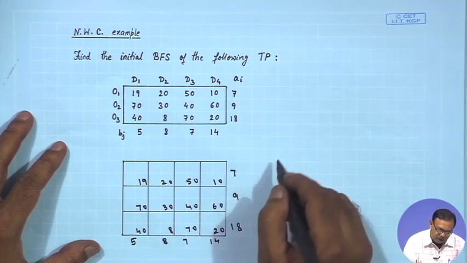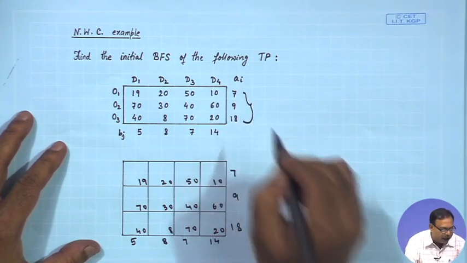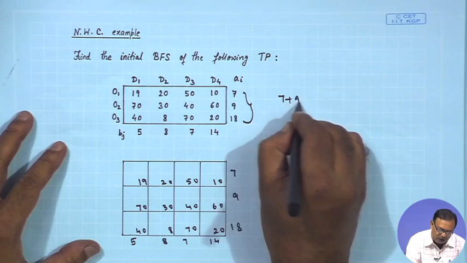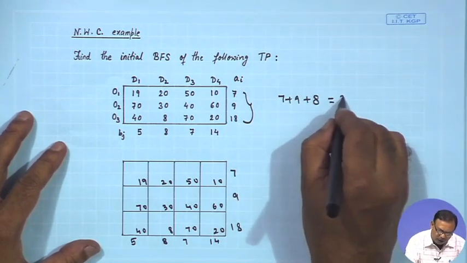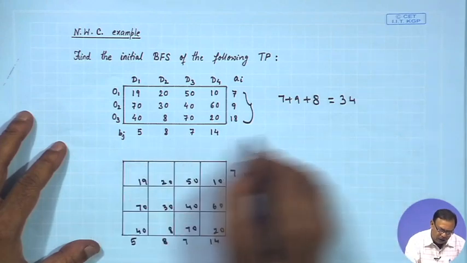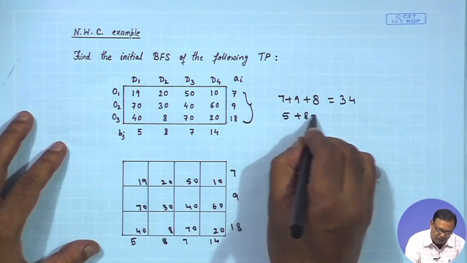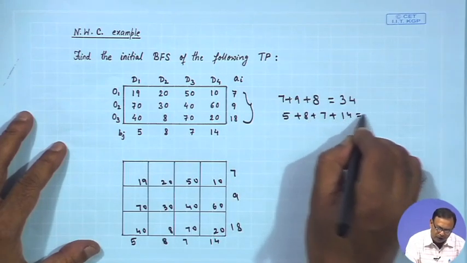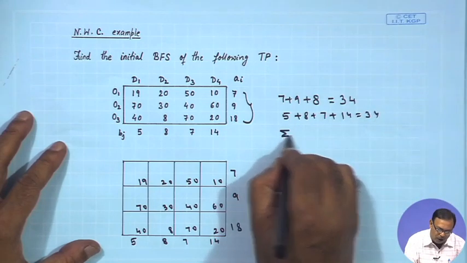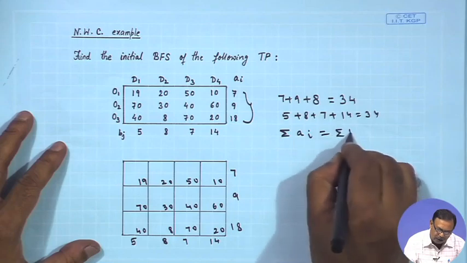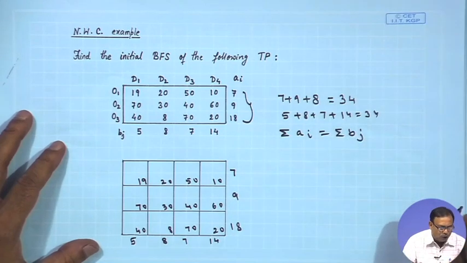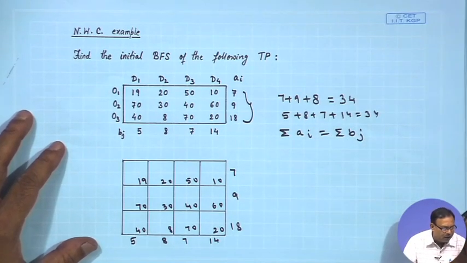If you see 7 plus 9 plus 8, the sum of these three, equals 34, and the sum of 5 plus 8 plus 7 plus 14 is also 34. Or in other words, summation over A_i equals summation over B_j. So, the problem is a balanced transportation problem.